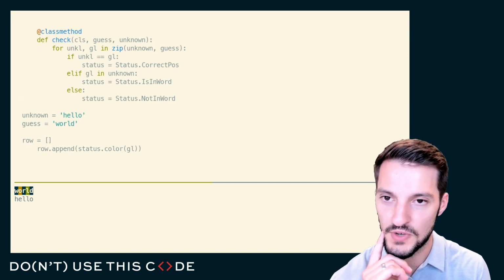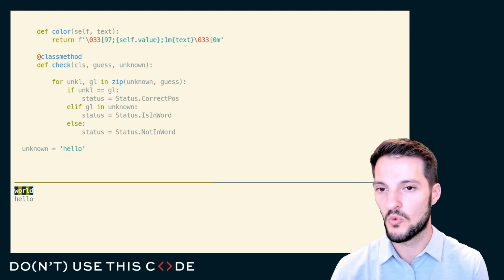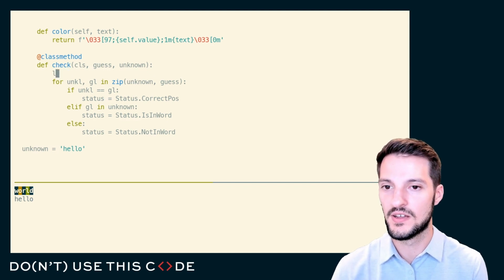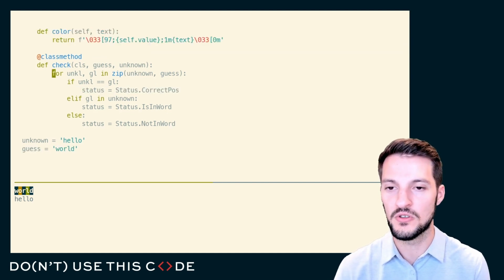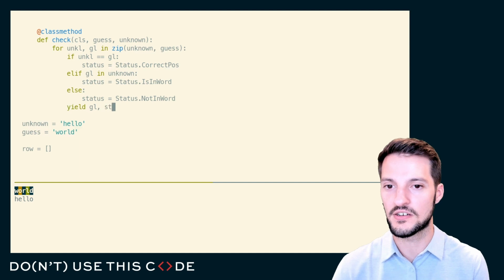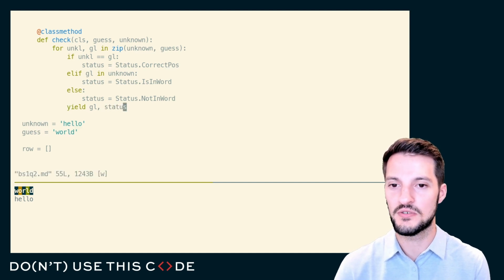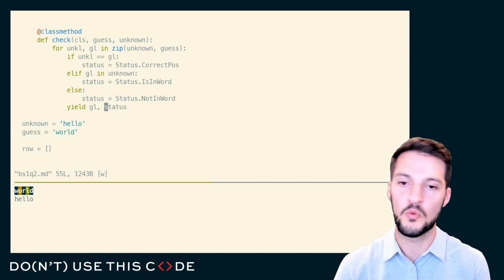Since we've wrapped this into a function, should I create some list here and append the guess letter as well as its status into the list and then just return that whole list? Or do I just turn this into a generator and yield guess letter and status? These seem to be the two entities that I'll be needing. I need the guess letter to format it with the status.